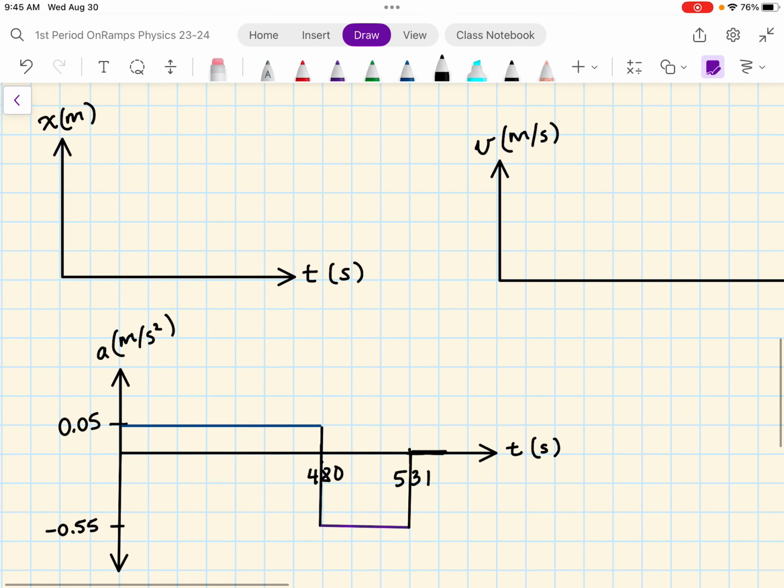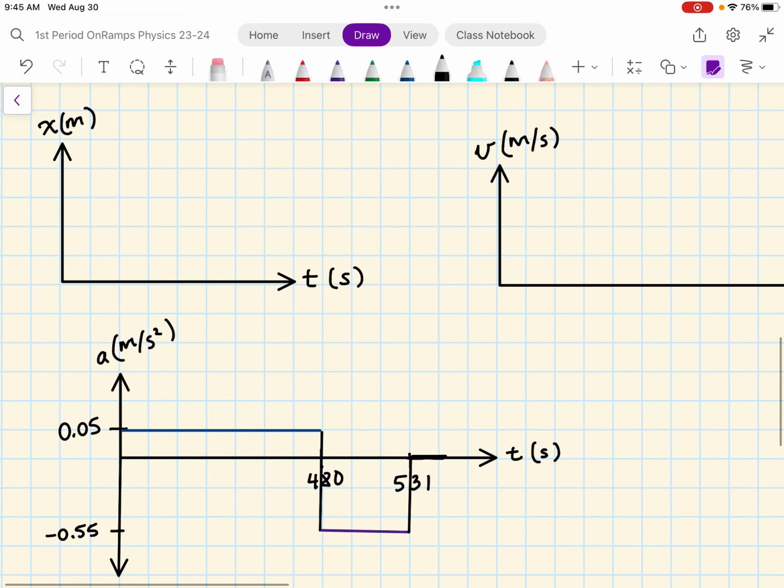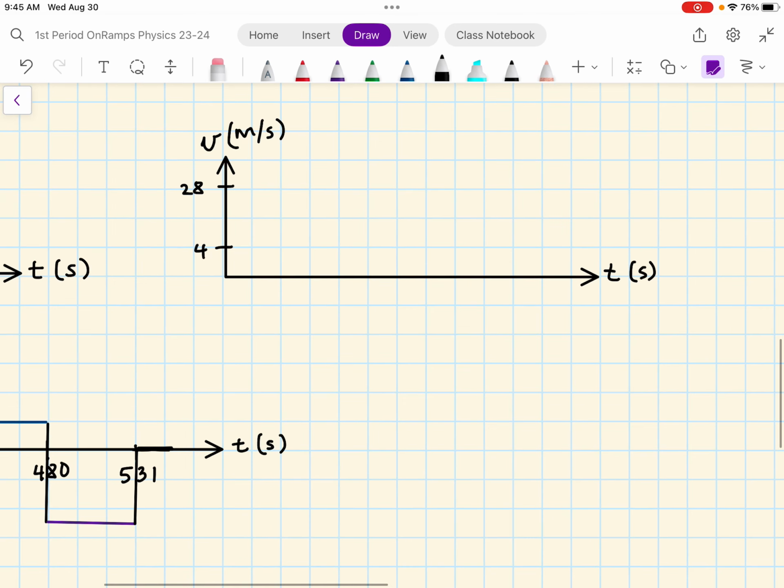So now let's move on to the velocity-time graph. Well, that's going to be simple. I'm going to have a positive slope and then a negative slope. So now I need to have my initial velocities here. So let's say this is the 4 meters per second, and let's say here's the 28 meters per second. And then we have the 480 and then the 531. Okay. It is important for us to not begin at the origin because we do have an initial velocity of 4, which is not 0.